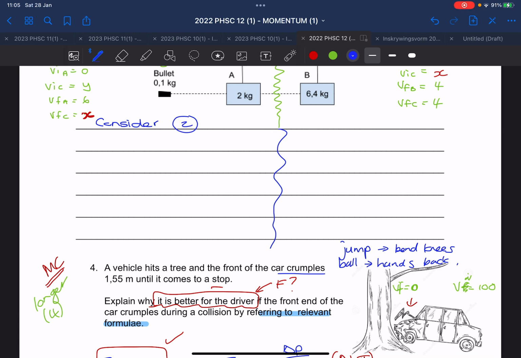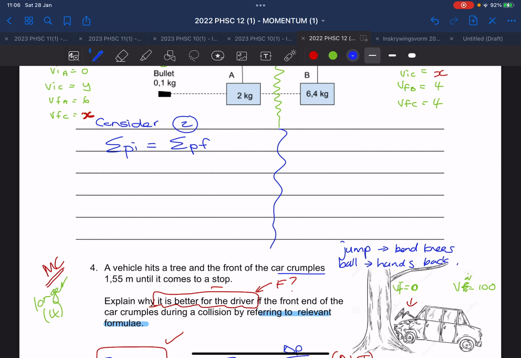Because there was a collision, we are going to use the law of conservation of linear momentum. So the total momentum, sigma p, at the beginning is equal to the momentum at the end.